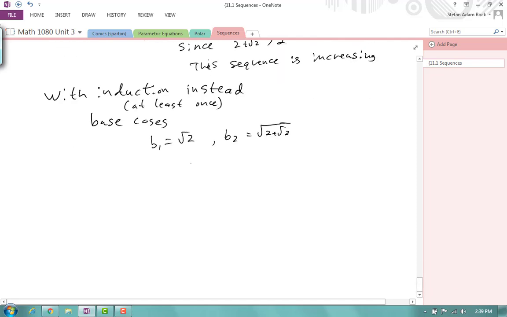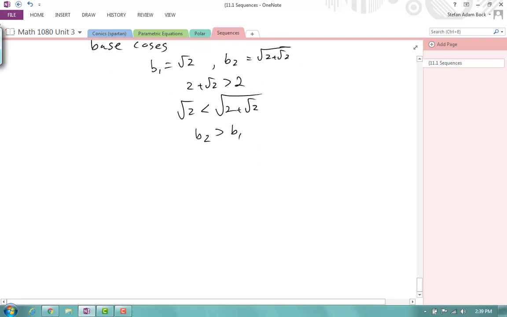But since 2 plus the square root of 2 is bigger than 2, that must mean that the square root of 2 is smaller than the square root of 2 plus the square root of 2. Not terribly complicated. So this implies b sub 2 is larger than b sub 1. If I try it again, b sub 2 equals the square root of 2 plus root 2, then b sub 3 is equal to root 2 plus root 2 plus root 2.